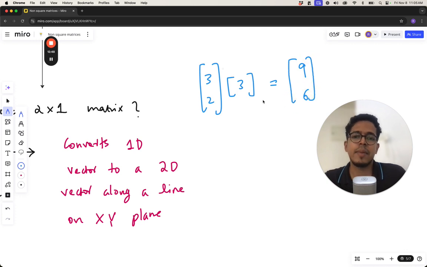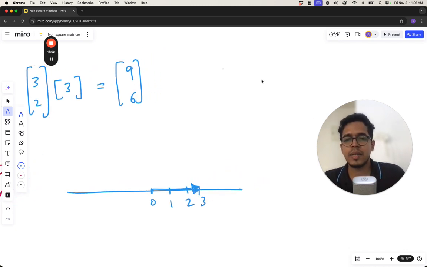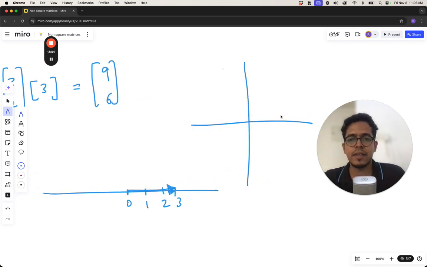So did you see what's happening here? Originally the vector had only one dimension and the vector was like this. So 0, 1, 2, 3. The vector that we were originally looking at in one dimension was along this line. And after transformation, this vector went to 9 over here and 6. So this vector got mapped into this.